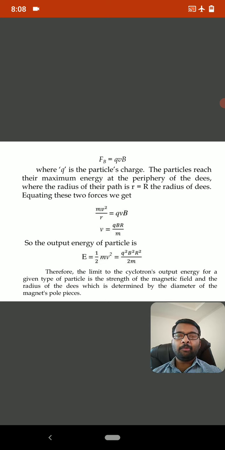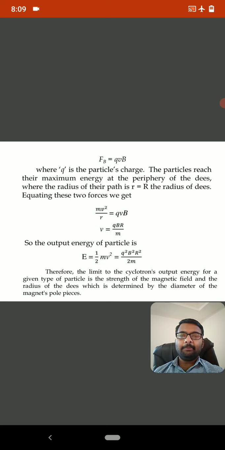Then as we have 1 by 2 m as the multiplication term, one m gets cancelled. At last we are left with the output energy of the particle equal to q square B square R square divided by 2m. From this expression we can say that the energy of the charged particles is dependent on B, the strength of the magnetic field, and R, the radius of the accelerating chamber, that is the D.